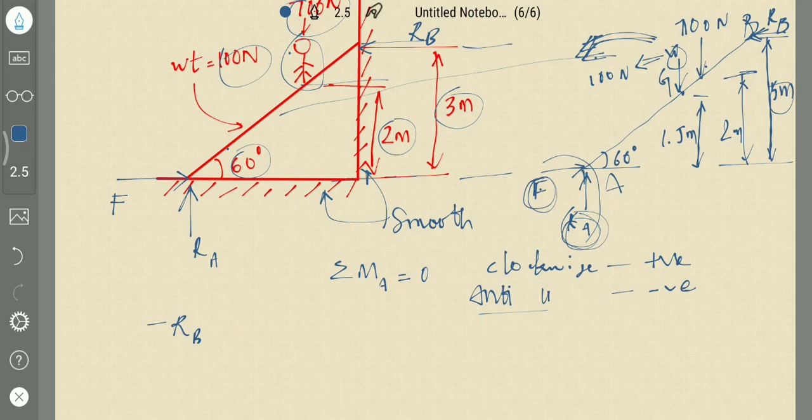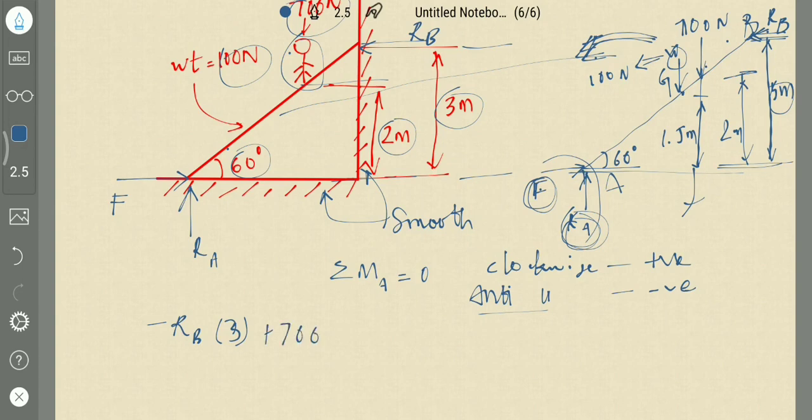What is the perpendicular distance between point A and the line of action of R_B? It is 3 meters. And the next force is 700 newtons.